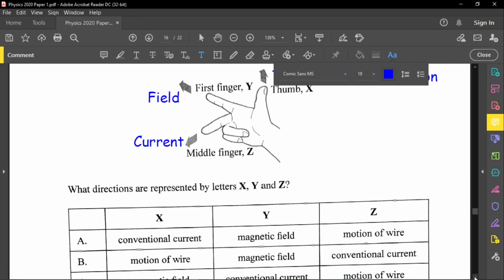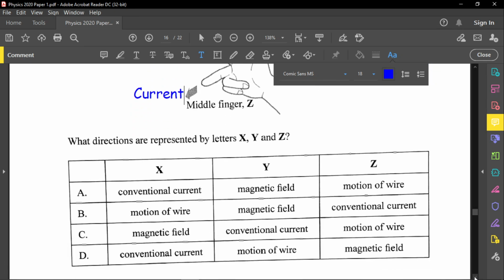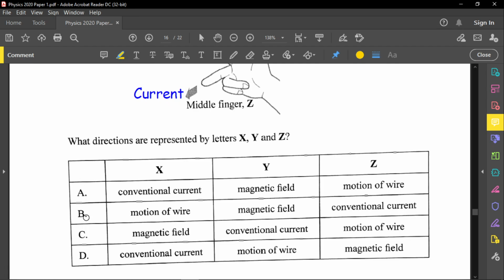X, which is the thumb, is the thrust or the force. And so X will be the motion of the wire, because force or thrust is the same thing. Y, which is the first finger, is the field, and then the center finger, which is Z, is the current. So therefore B is our takeaway right here. All right, great.